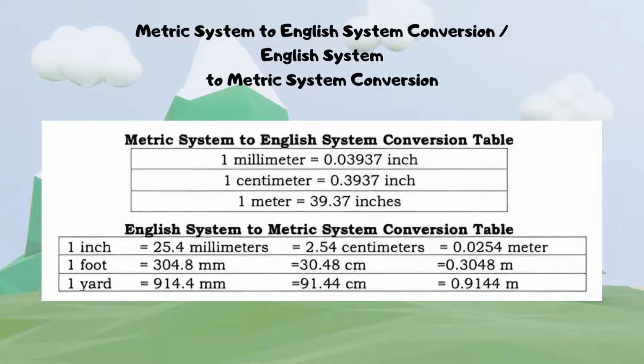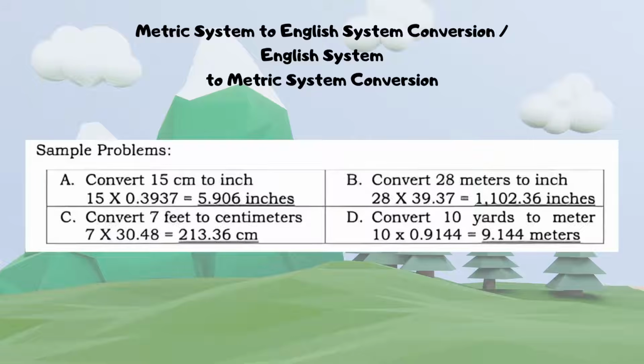Sample problems. Number 1. Convert 15 centimeters to inch. 15 times 0.3937 is equal to 5.906 inches. Number 2. Convert 28 meters to inch. 28 times 39.37 is equal to 1,102.36 inches.